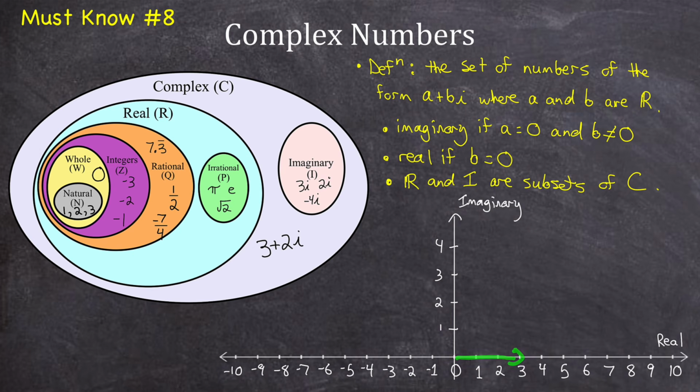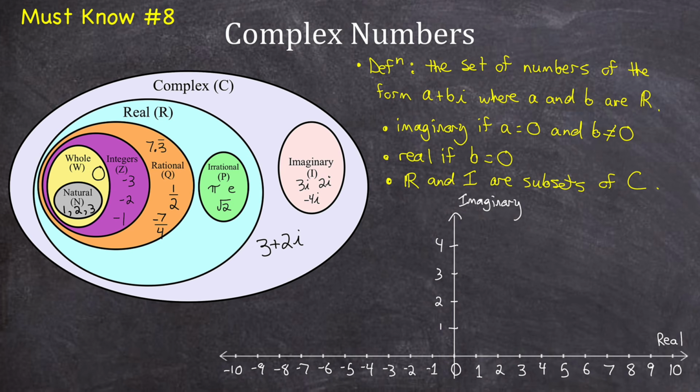So I would have to move 2 along the imaginary axis, and that would bring me to this point right here. Now, complex numbers are very important because that set of numbers makes up every other subset that we've talked about. Real numbers, whole numbers, natural, integers, rational, irrational, imaginary, those are all subsets of complex numbers.